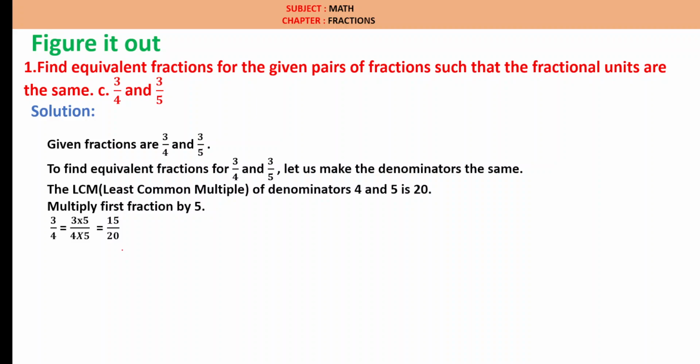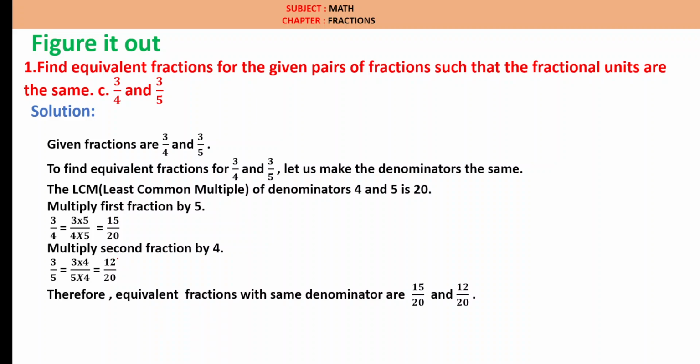Therefore, 3 by 4 is equal to 3 into 5 divided by 4 into 5, nothing but 15 by 20. Let us multiply the second fraction by 4. So 3 by 5 is equal to 3 into 4 divided by 5 into 4. 3 fours are 12, 5 fours are 20. Thus, the equivalent fractions for 3 by 4 and 3 by 5 are 15 by 20 and 12 by 20.